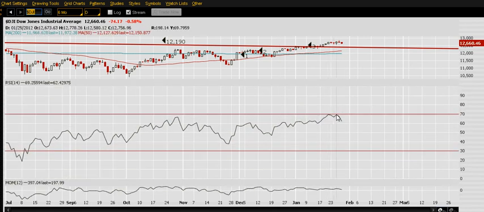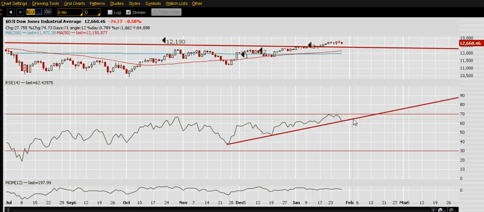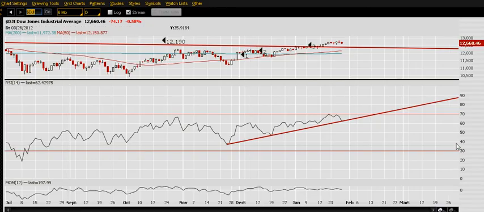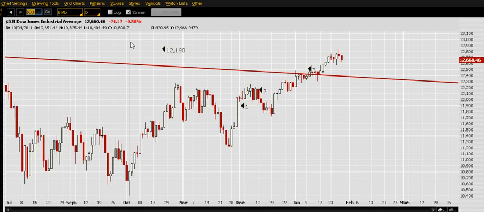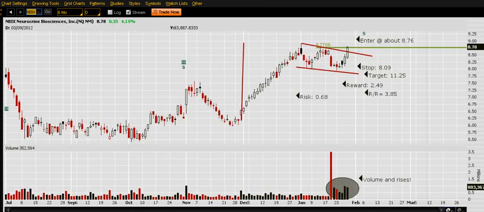RSI even had a divergence right here and even broke its own trend line. See if the program will let me draw it. Well, let's see, it's about to break its own trend line, especially with the futures like that. But we're definitely due for a correction, so I'd say buy around 12,220, 12,000 and 12,190. That's my target for now. So happy trading, and take a look at that MBIX. Looks like a good trade.